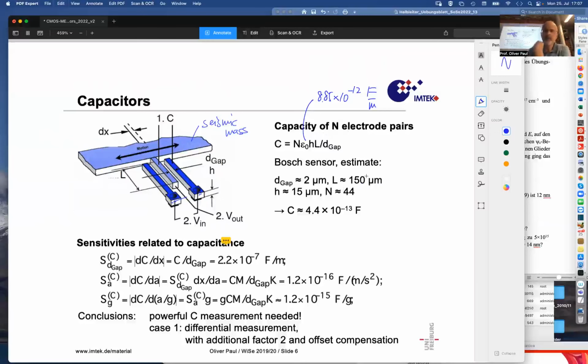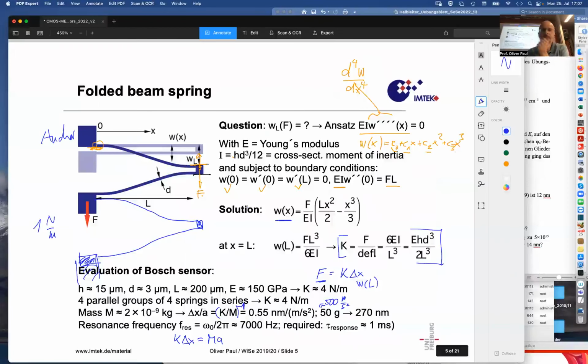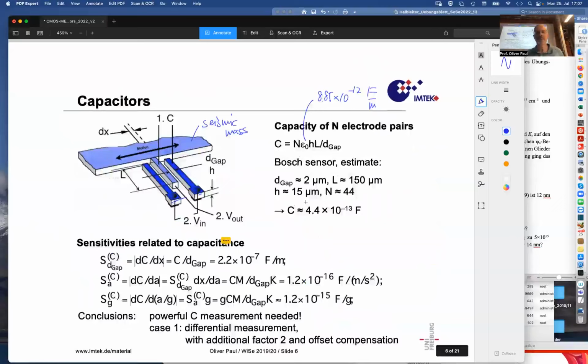I estimated that length to be a little bit smaller than the spring length of 200. The thickness is still 15 micrometer and the gap is 2 micrometers. So with those numbers, you estimate the capacitance to be 4.4 times 10 to the minus 13 farad, 0.44 picofarad. So that's not a large capacitance.